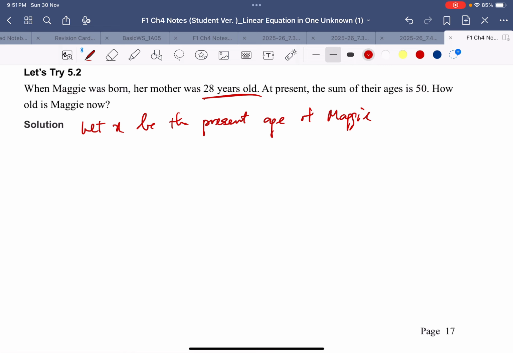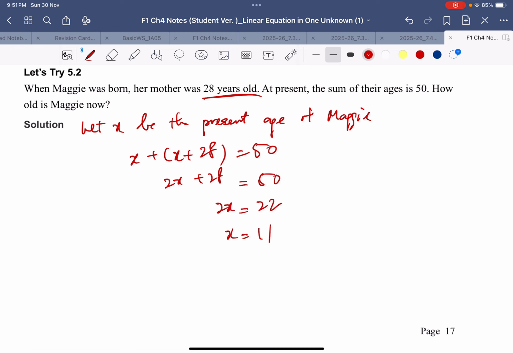And the sum is 50. So X plus X plus 28 is 50. 2X plus 28 is 50. 2X is 22, X is 11. So Maggie is 11 years old now.